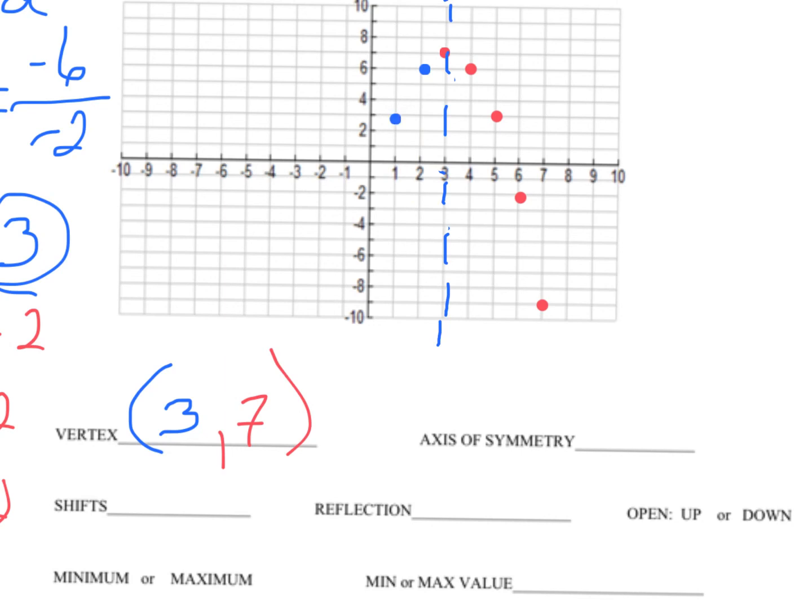Next one. 1, 2, 3. So 1, 2, 3. Okay. Next one is over 4, 1, 2, 3, 4. There it is. Now let's connect our dots.